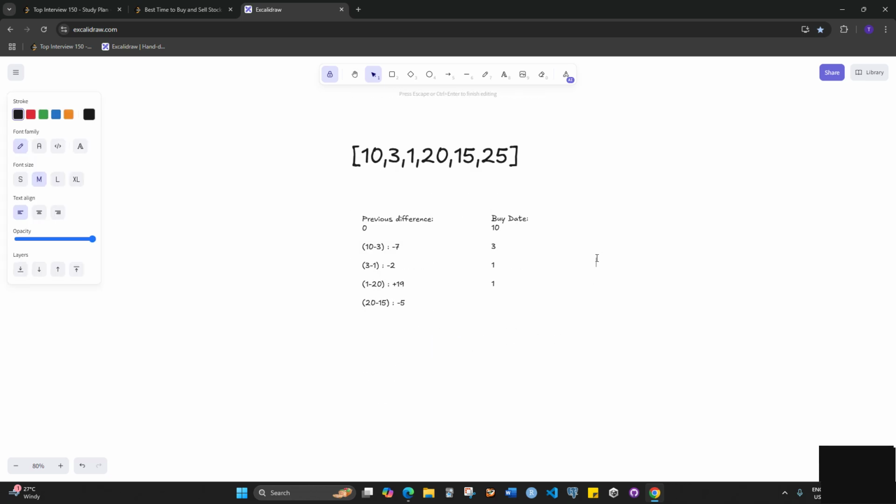But since minus 5 is less than 19, I guess we keep the buy date at 1, I suppose. Because right now we've established that 1 is the current local minimum for all of the previous states. So out of indexes 0, 1, 2, 1 is the lowest one so far, so we just keep it there.